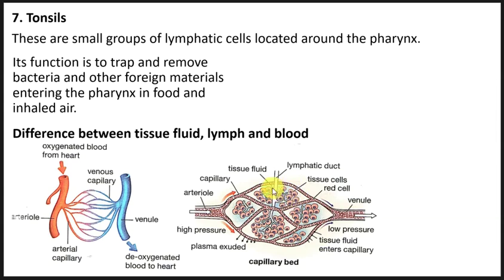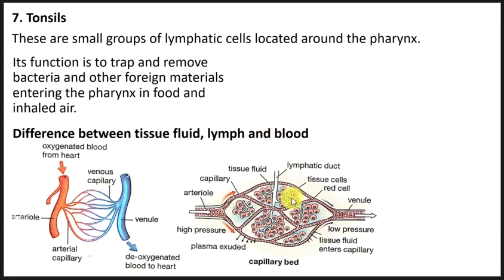So now this is the lymphatic duct. During the returning process, any waste can either join this route here, the blood capillary, so that it comes out through the vein, or it can also enter through the lymphatic duct here. When it enters the lymphatic duct, it can continue going back in that route.